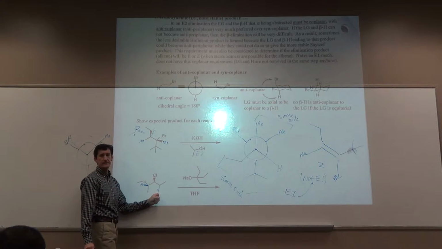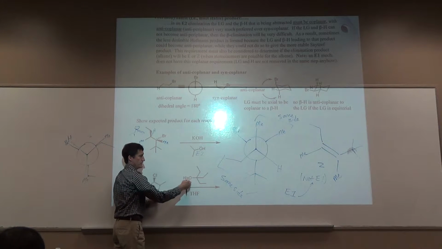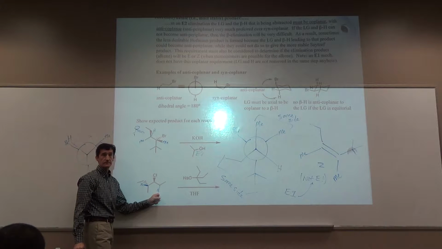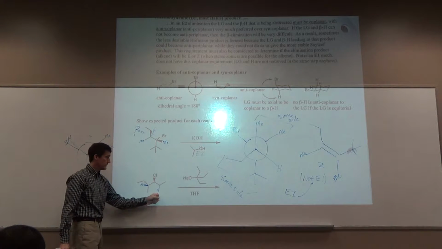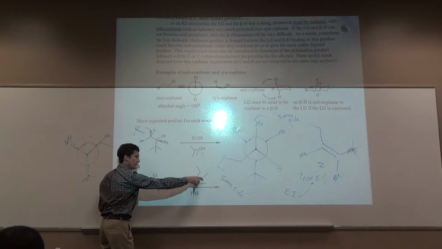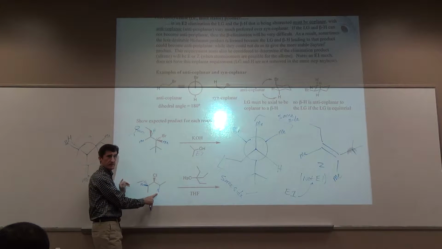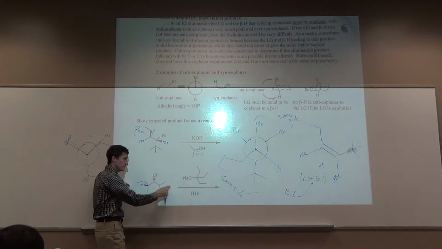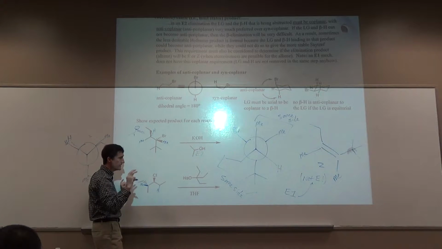Certainly, if you wanted to take HB, which would be a better base, KOH or this guy? Yes. The more sterically hindered, the more prone it's going to take that H. But does that mean it's going to take it? That's where it gets a little blurry.